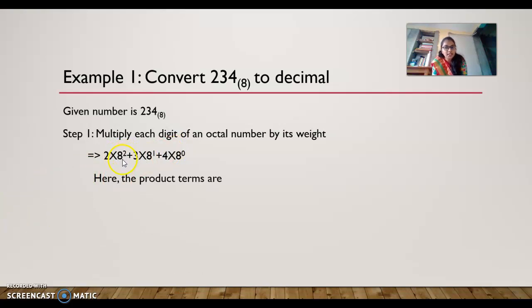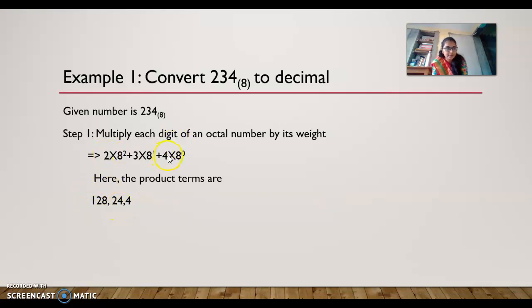Which are the product terms in this? 2 into 8 to the power 2: 8 to the power 2 is 64, 64 into 2 is 128. Next, 3 into 8 to the power 1: 8 to the power 1 is 8, 8 into 3 is 24. Next term, 8 to the power 0 is 1, 1 into 4 is 4. 128, 24, 4 are the product terms.